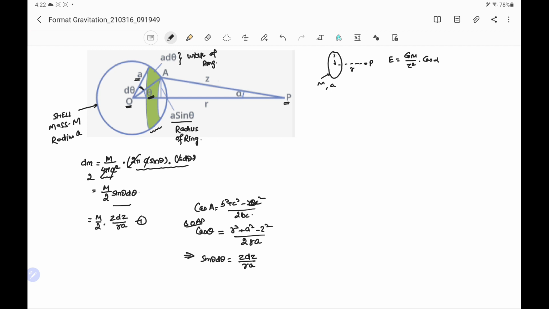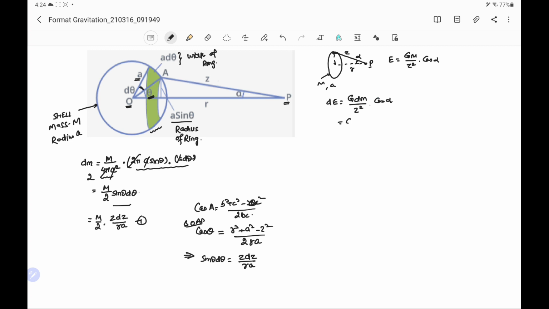Alpha is the angle made by the line joining a point on the circumference of the ring with point P, and the length of this line is z. So for this elementary ring, we have dE equal to G dm by z square into cos alpha.